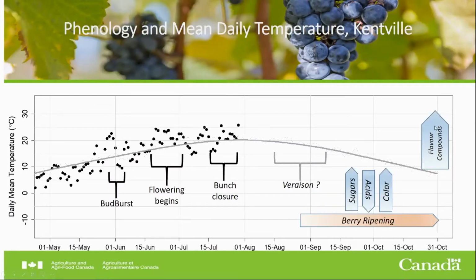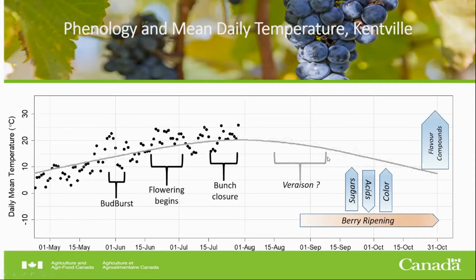And this is kind of the Nova Scotia challenge: to get a season with early enough veraison, for those who are making still wine, to get this flavor development in our grapes. So last year, 2019, was probably an example of a year where we didn't get very close to this.